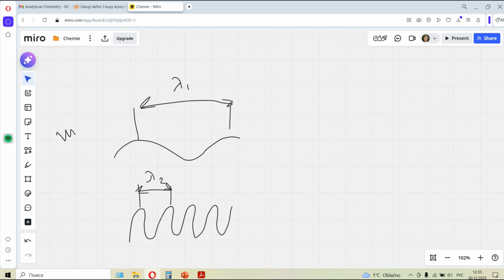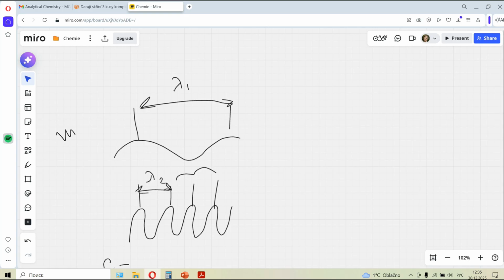These two waves are characterized by different frequencies, of course. The frequency is, let us guess, at least 3 times smaller. The frequency of the second wave is at least 3 times bigger, and 3 times smaller for the first wave.